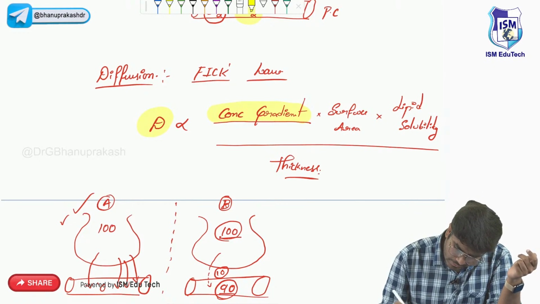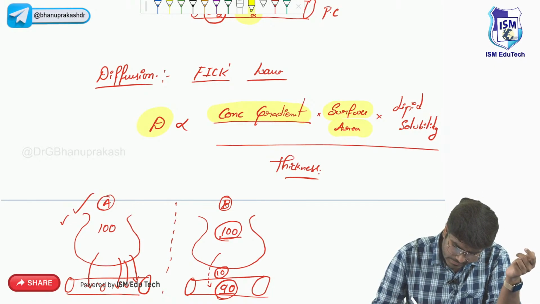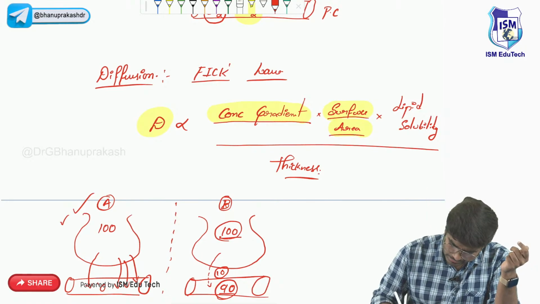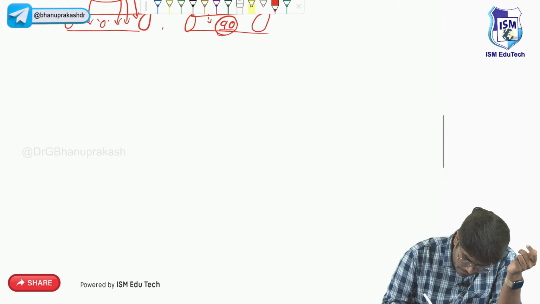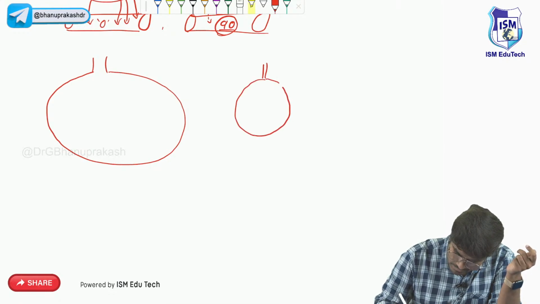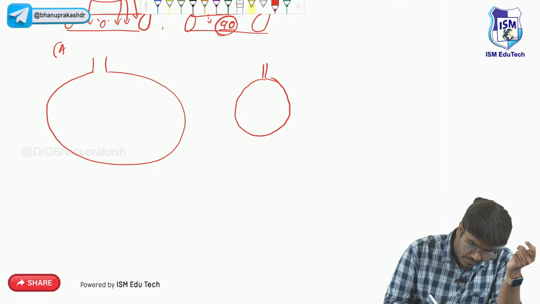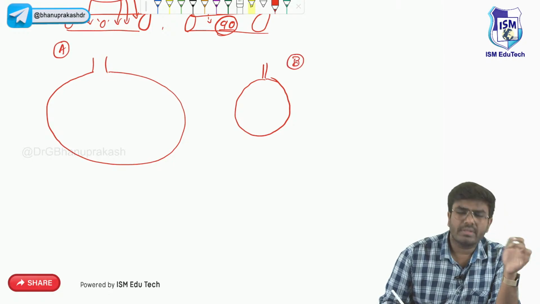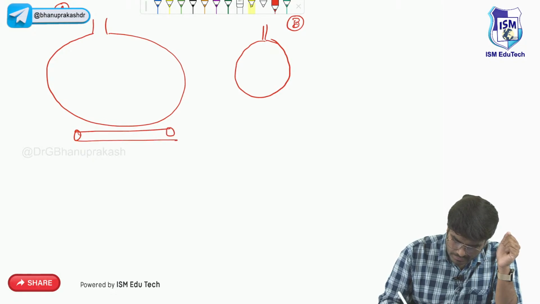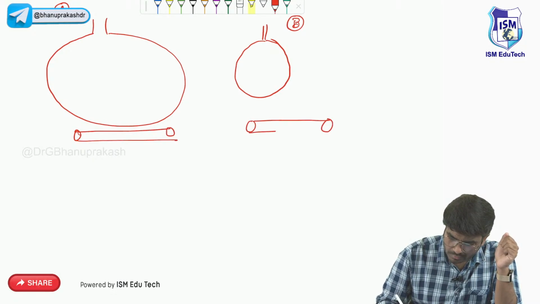Okay, let's take the second thing, the surface area. Diffusion depends on the surface area. Again, let's see two more scenarios here. This is the first alveolus and this is the second alveolus, A and B. Now, in which case will the diffusion be more?